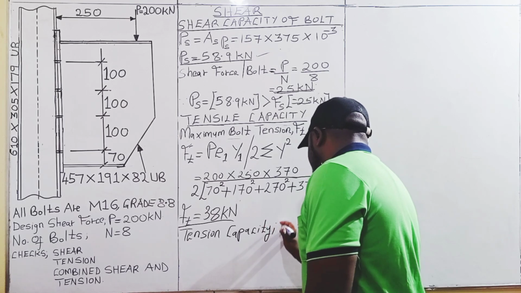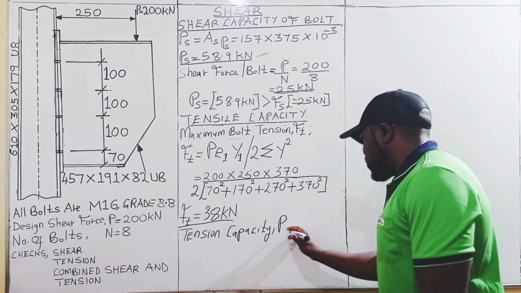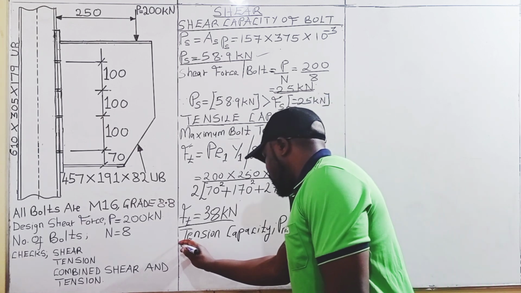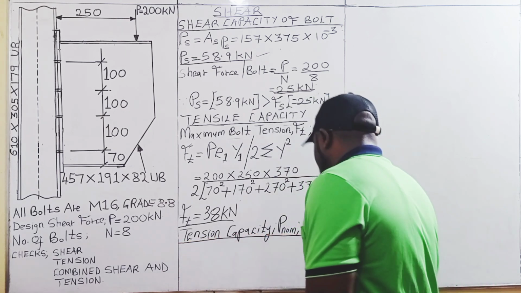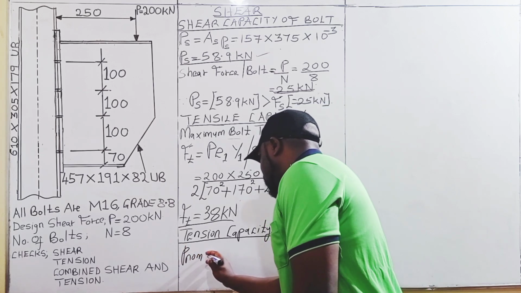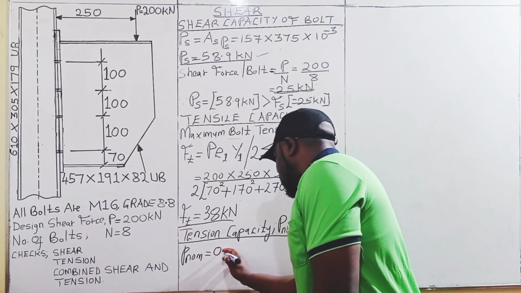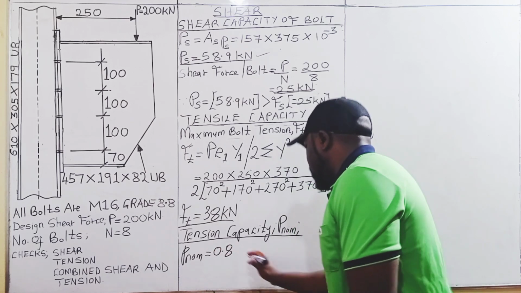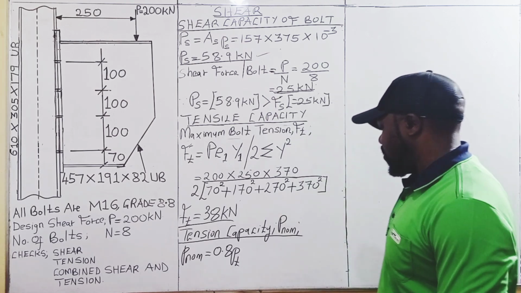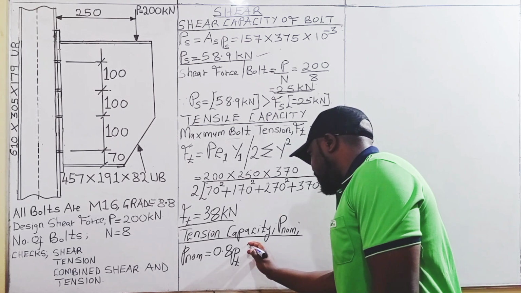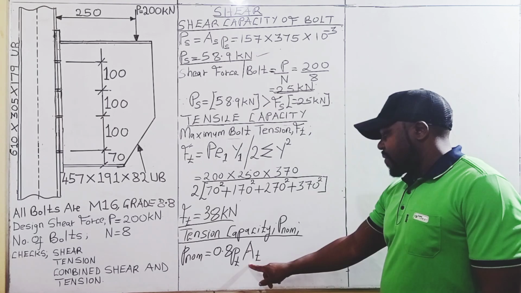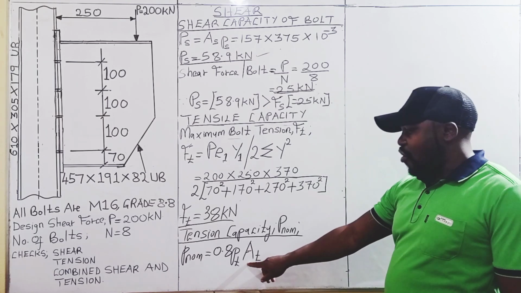And this tension capacity is usually denoted by P, N, or M. Whereby this tension capacity is going to be equal to 0.8 multiplied by the tensile strength of the bolt multiplied by AT, which is the tensile stress area of the bolt.